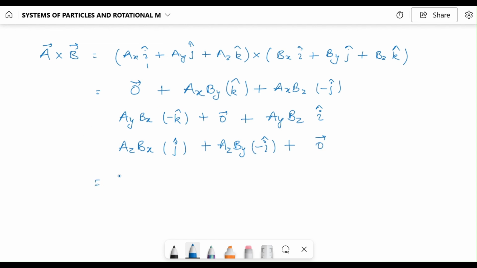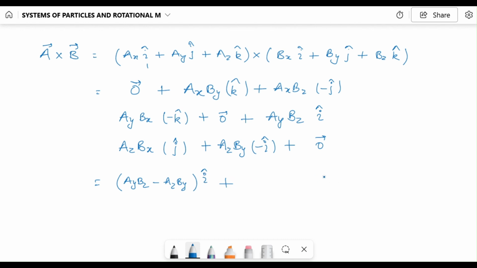And now let me bring these things in a more compact way. So here is i and here is minus i. So let me take i cap common here, and then we will have ay bz minus az by. This is not a power, this is multiplied.